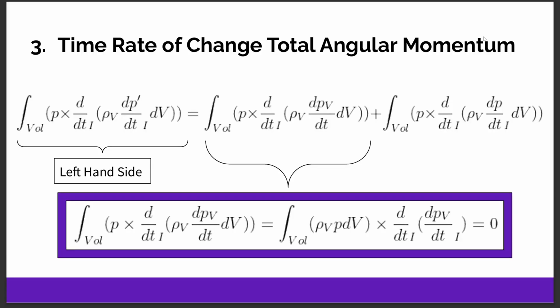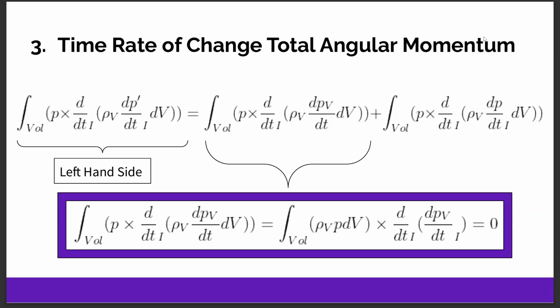An additional simplification that you can make is to express the derivative term, that is dp prime over dt, in terms of pv and p, and what you will get is what you have on the right. The first volume integral is equal to 0 because of the first moment of mass again.